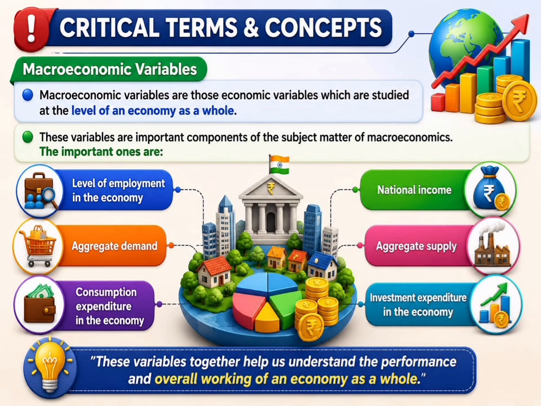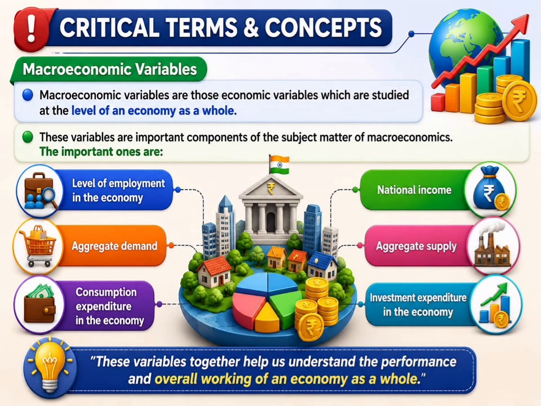And third one, consumption expenditure. This simply means the total amount of money people spend on goods and services. For example, families spend money on food, electricity, education, transport, and medical expenses. All these expenses together are called consumption expenditure.